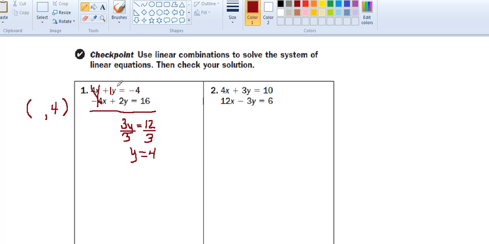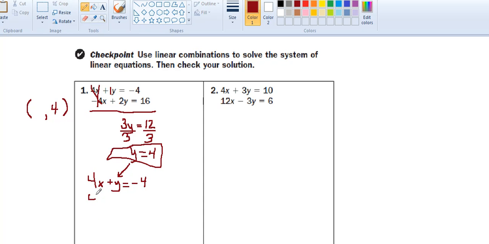Now, let's go back to our original equation here, and I know I've crossed a little bit of this out, but the original equation was, I'll use the top one, 4x plus y equals negative 4. Okay, now we're going to take this y value that's right here, we're going to put it right there.